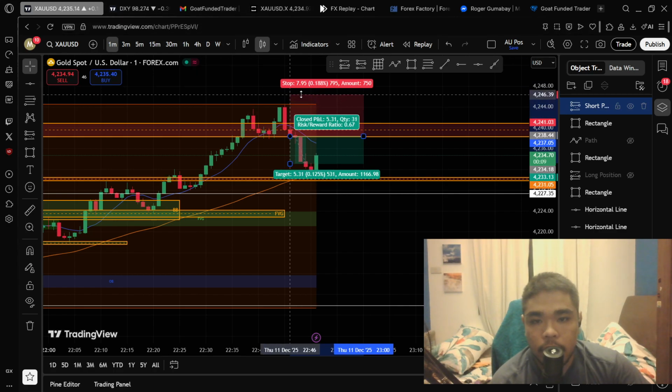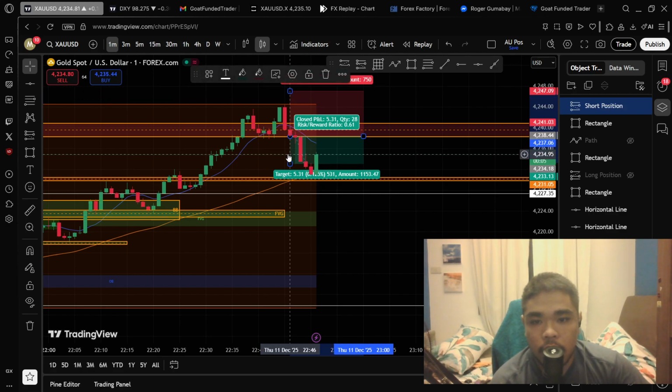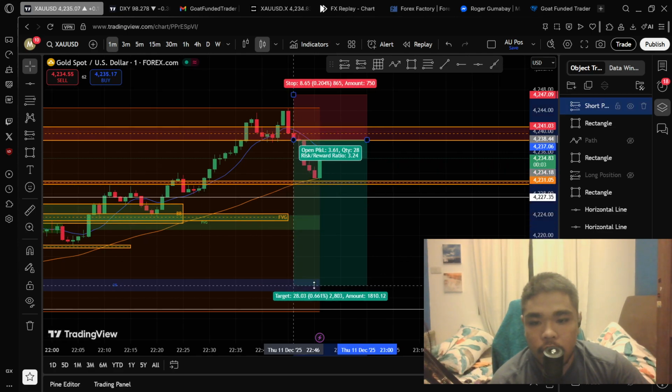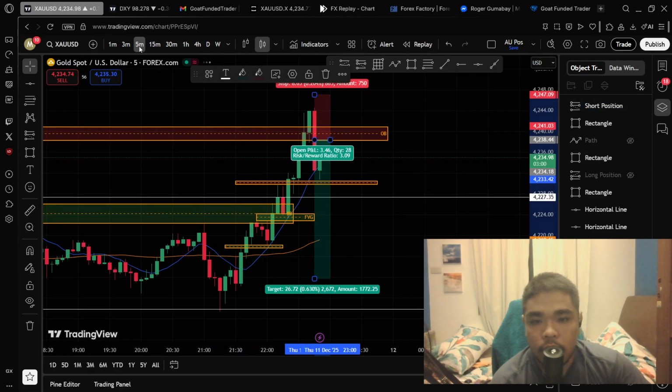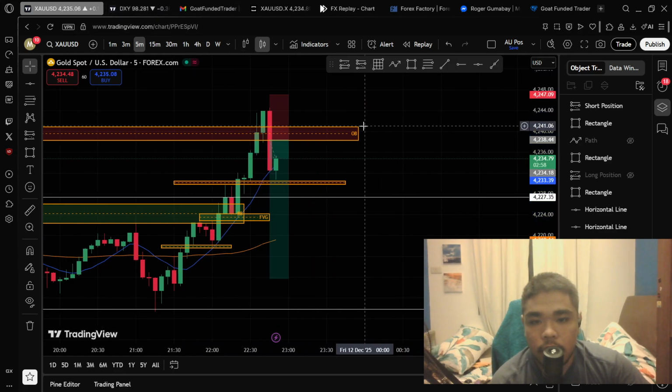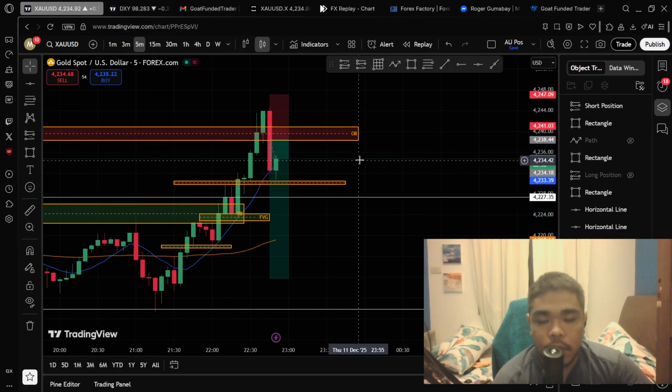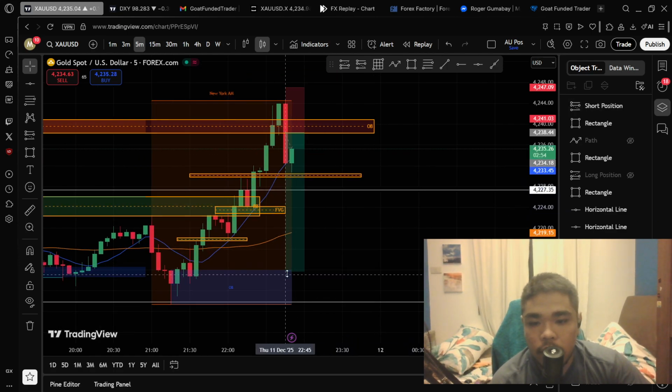Stops around here, 8 point something. Take profit around this level. It's really not the level, but somewhat like that. We took partials correctly on that level.